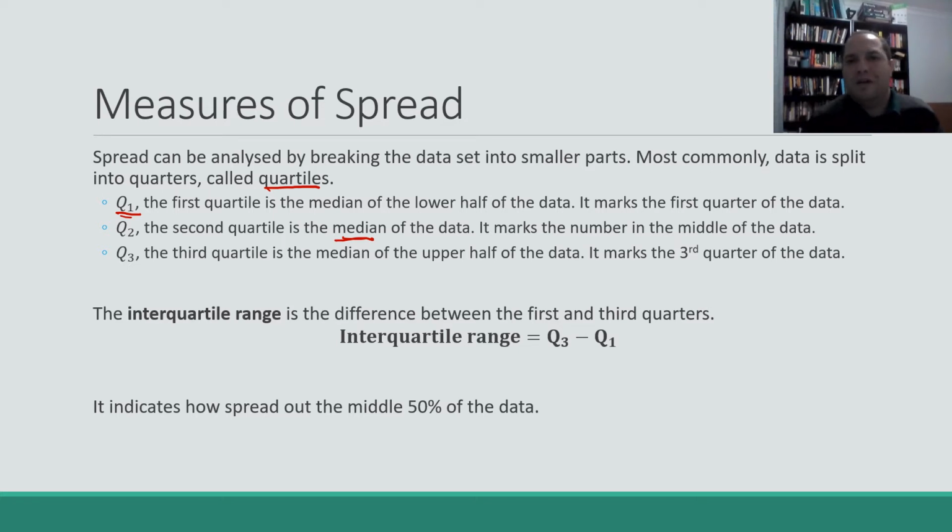Now, the interquartile range is similar to the range, but it's just the difference between the third and first quartiles. Basically, it indicates how spread out the middle 50% is. The range tells us how spread out the whole 100% of our data is. The interquartile range tells us how spread out our middle 50% is.